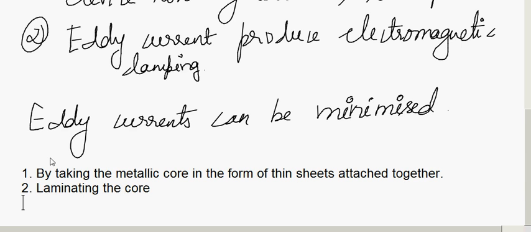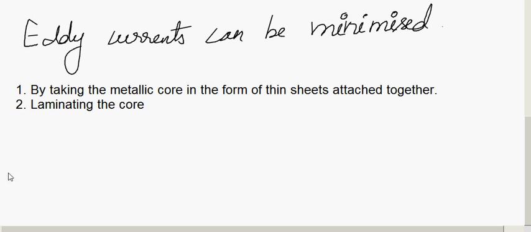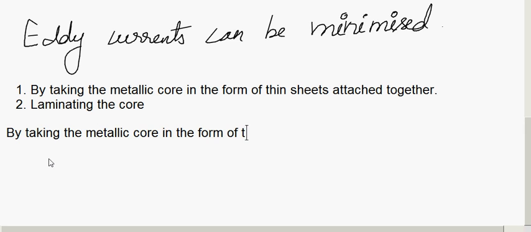Combining these two points as one, if you want to write it as a single point, you can write it as by taking the metallic core in the form of thin laminated sheets attached together.